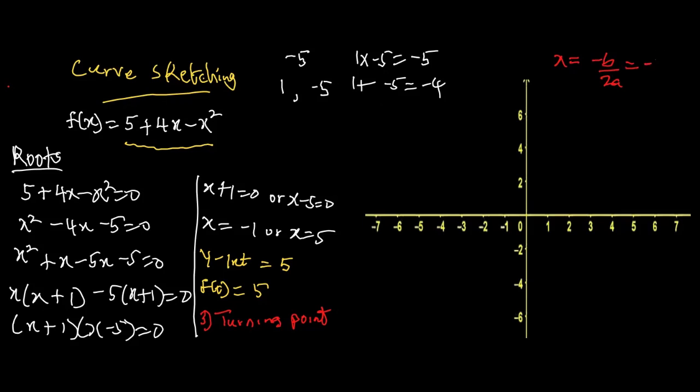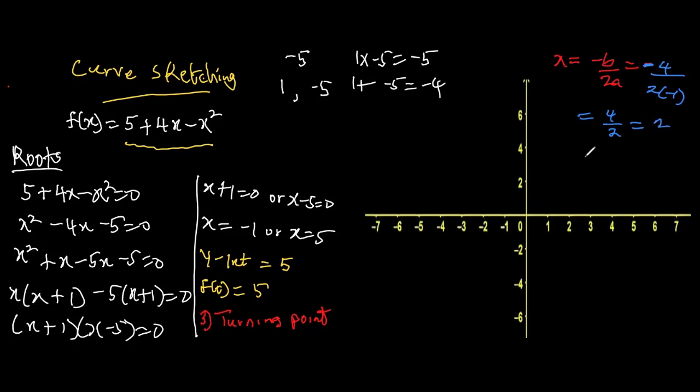You can use either the original or the adjusted equation, it works. So b here is 4 from the original equation, so we have minus 4 all over 2 times a, where a is the coefficient of x squared, which is negative, minus 1. And that gives us 4 all over 2.